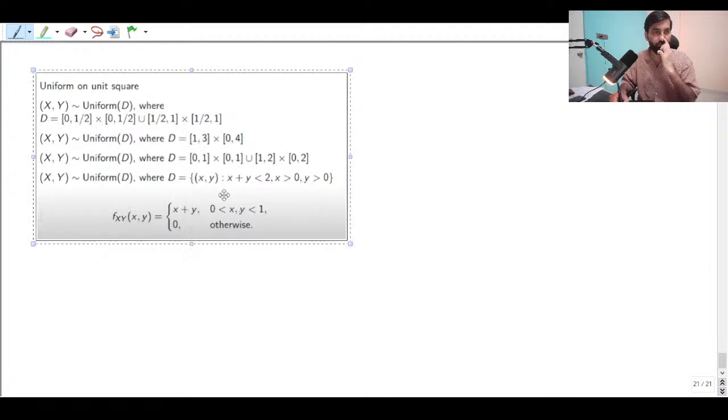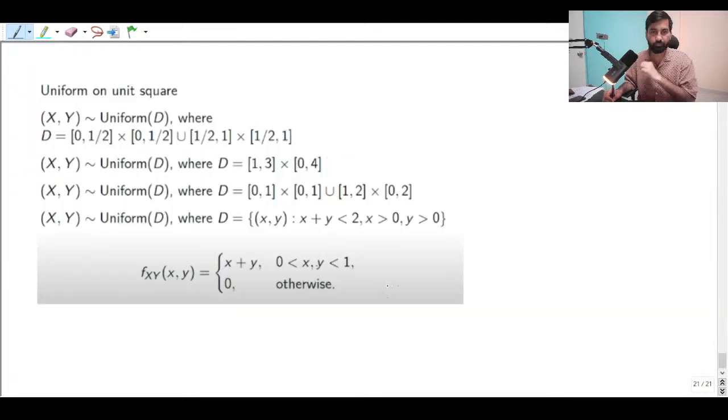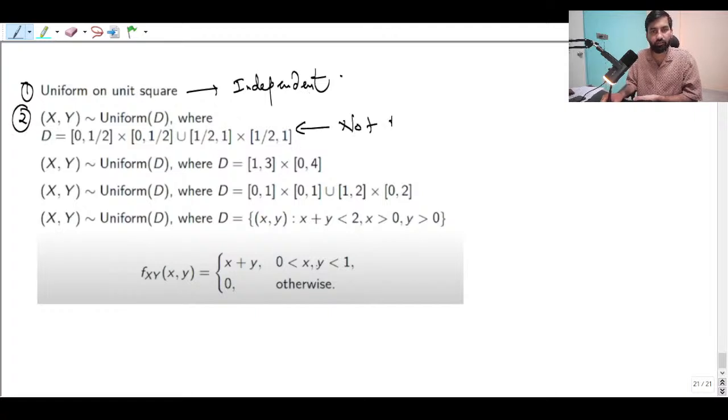These questions you see. So the first is independent. Second is not independent. Third is what? Third is independent.